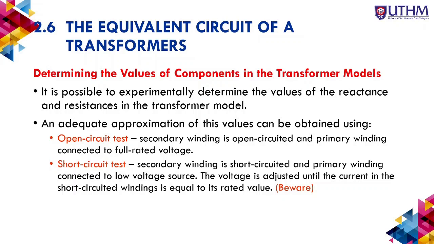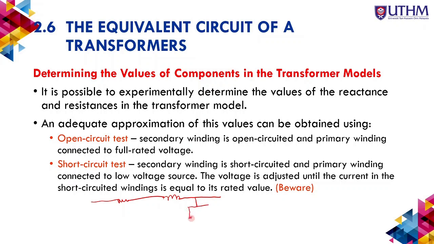Okay, so what we are going to do today for this subtopic is to find the value of RC and also XM. If you can see from the equivalent circuit, still remember, we have inductance and then we have the branch of excitation, the excitation branch.